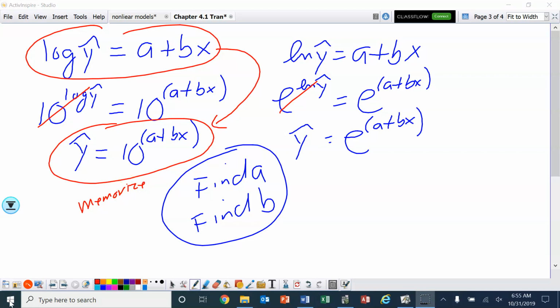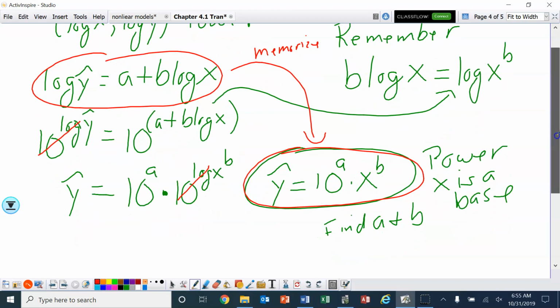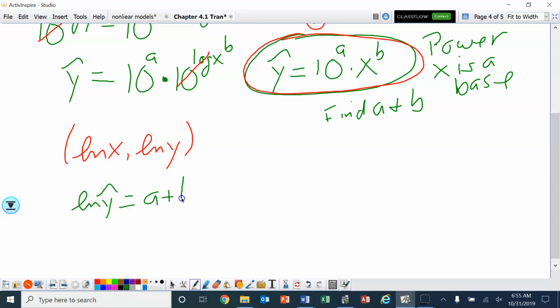This was log on both x and on y. So real quick, think about this. If we did the natural log of x and the natural log of y, that would be natural log of y hat equals a plus b natural log of x.